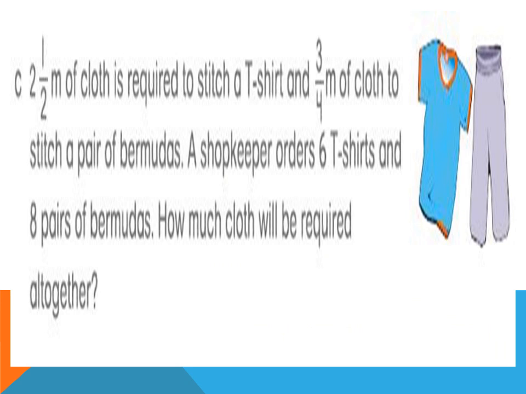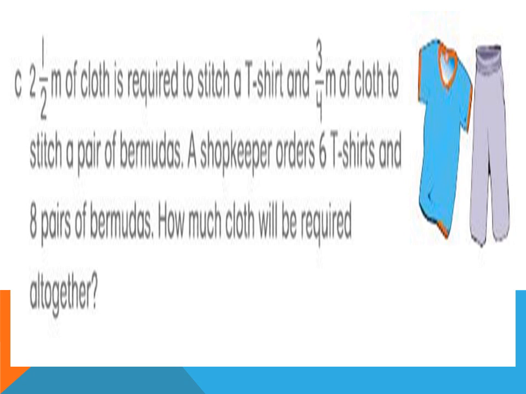Question number C. 2 1/2 meter of cloth is required to stitch a t-shirt and 3/4 meter of cloth to stitch a pair of Bermudas. A shopkeeper orders 6 t-shirts and 8 pair of Bermudas. How much cloth will be required altogether?